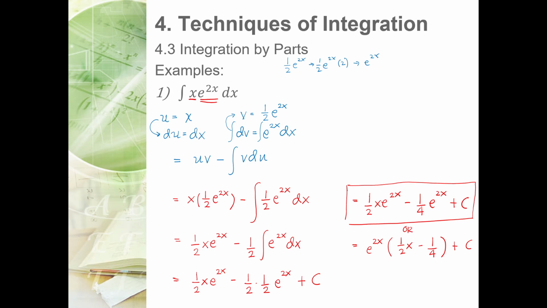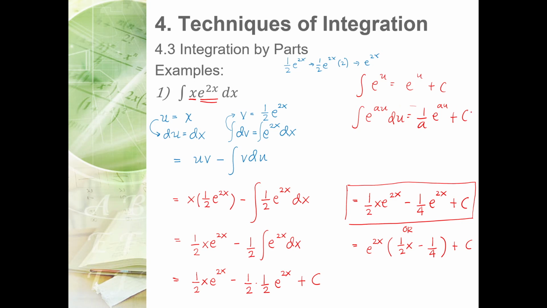So again, if you're confused why this became 1/2 times e to the power of 2x, the formula is the integral of e to the power of u du is equal to e^u plus c. But that formula is only true for a coefficient of 1. If you have a coefficient in the exponent, the real formula is the integral of e to the power of au du is equal to 1 over a e to the power of au plus c.